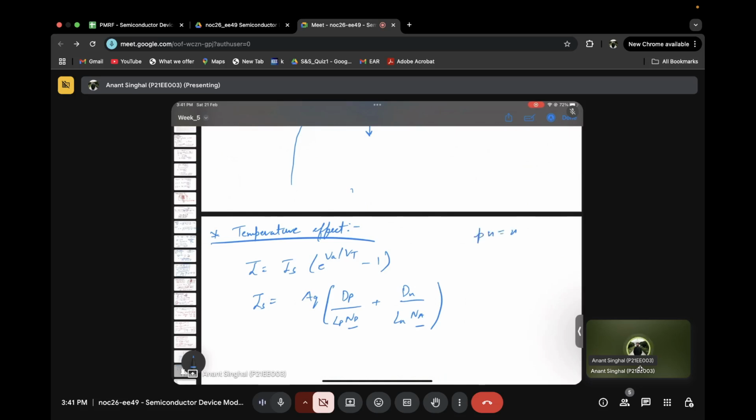We know that p_n0 is equal to ni squared over Nd, if you remember. Since we are only talking about minority carriers, this will be Nd, and n_p0 will be ni squared by Na. If you do this, it will come out to be something like this, and ni squared will be common.